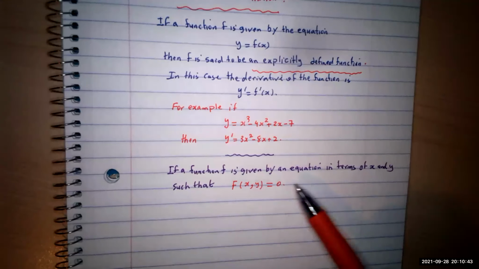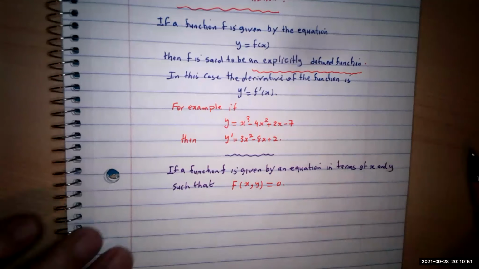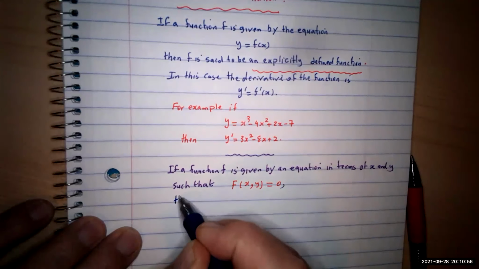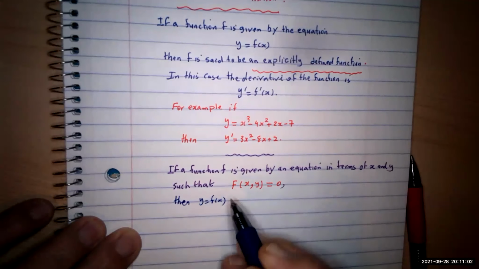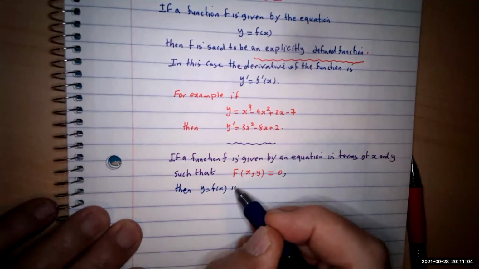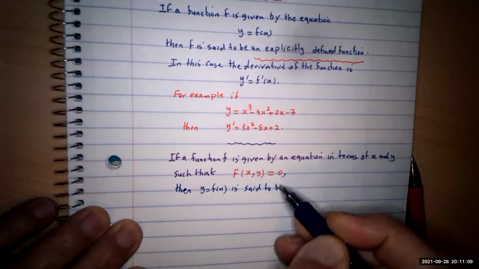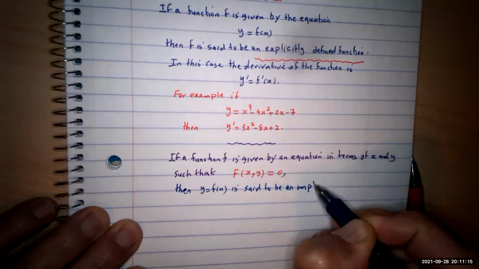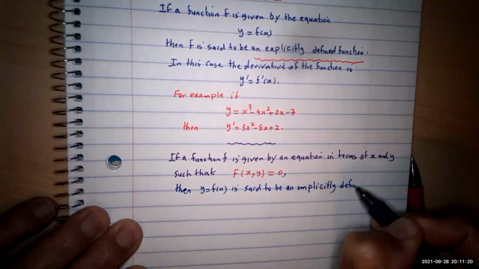Okay, so if a function f is given to you inside an equation, then we say that the function, y equal to f of x, is said to be implicitly defined, not explicitly.